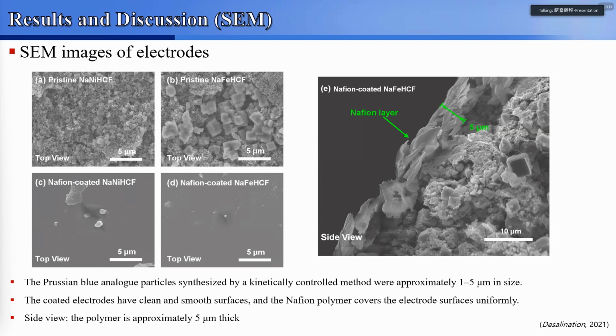As you can see from this pristine electrode image, the size of the Prussian blue analog particle is approximately 1 to 5 micrometer, and the coated electrode has a clean and smooth surface. It means that the Nafion polymer is well covered on the surface of the electrode. And from the side view, the thickness of the Nafion polymer is approximately 5 micrometer.